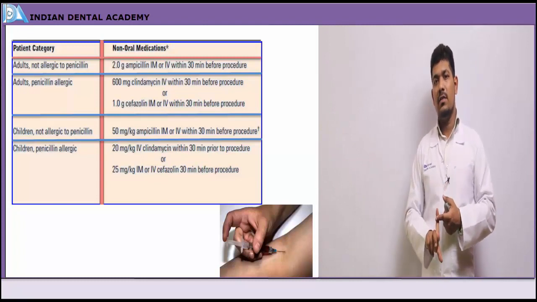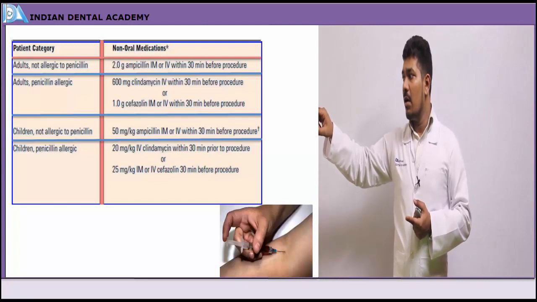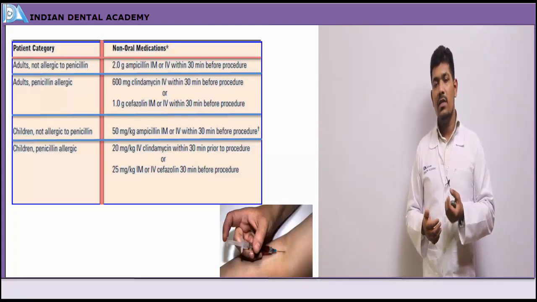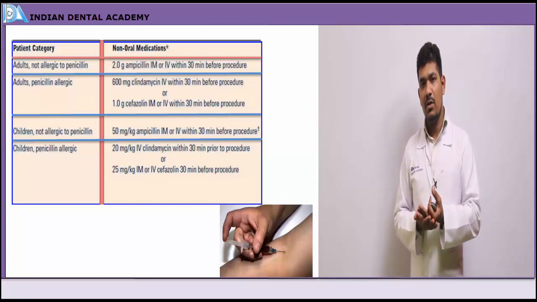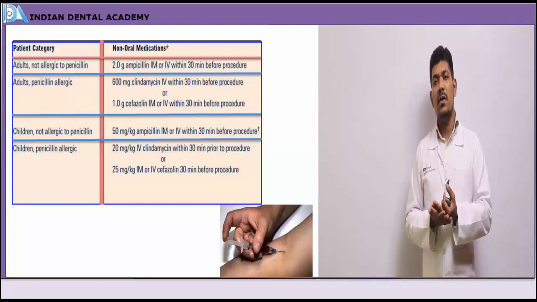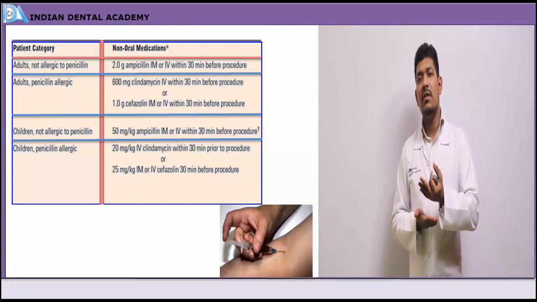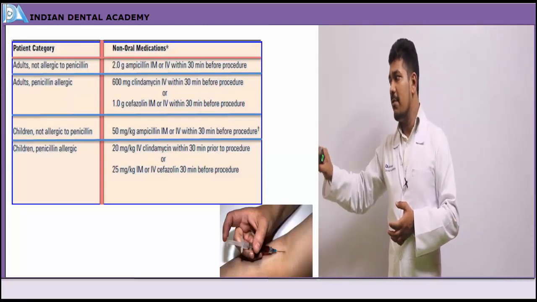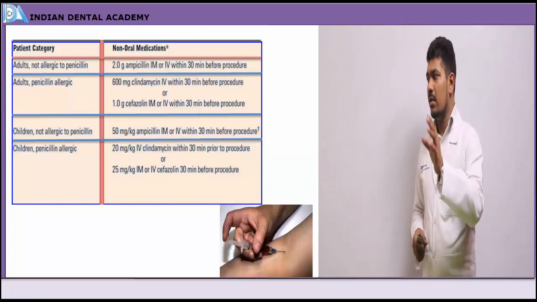The only difference is that instead of 1 hour prior to the procedure, since the effect of systemic medications is much faster, it has to be given 30 minutes prior to the procedure, which is the only difference between oral and non-oral medications.